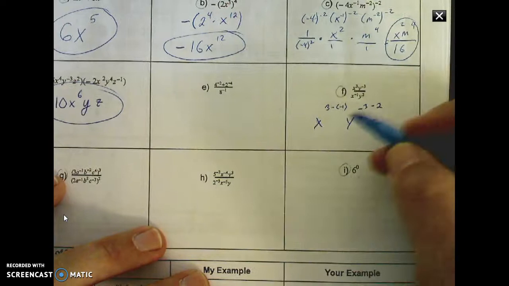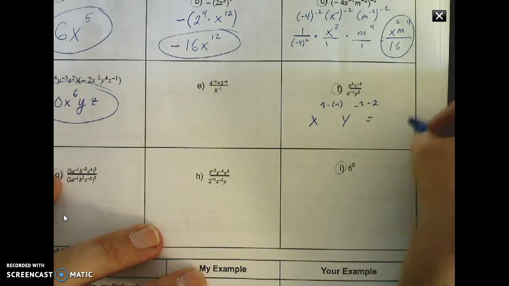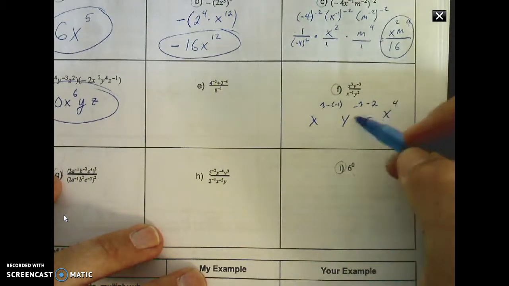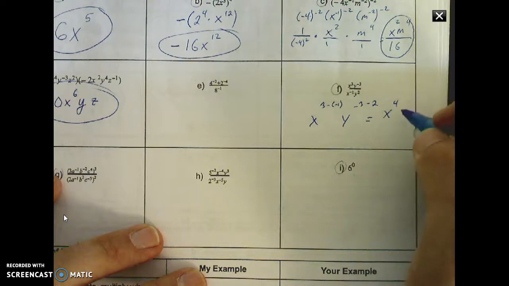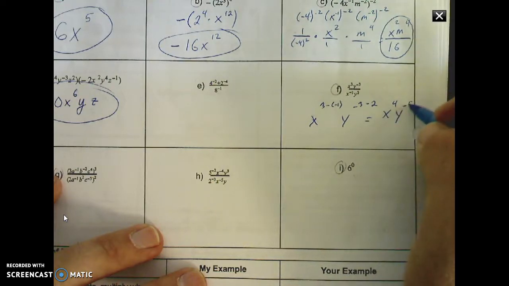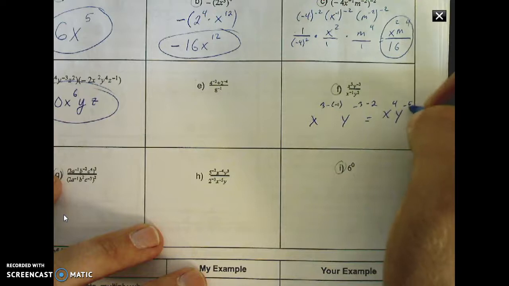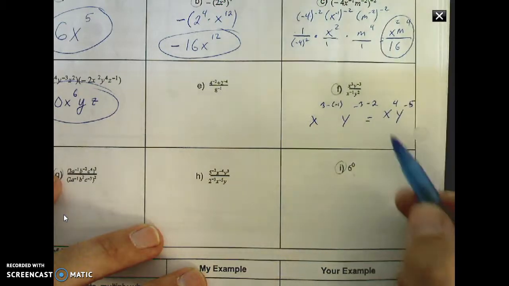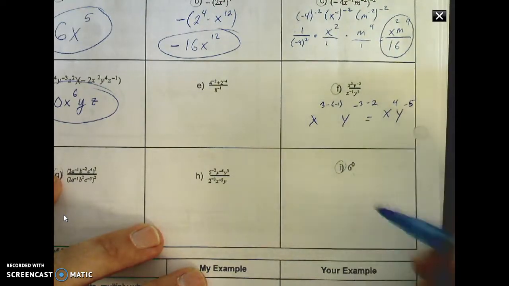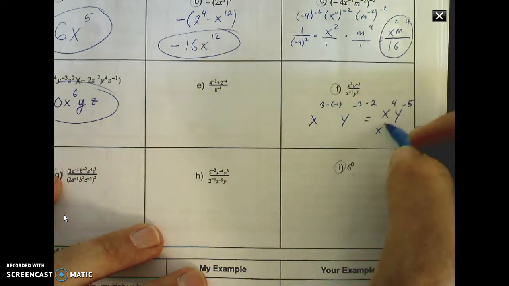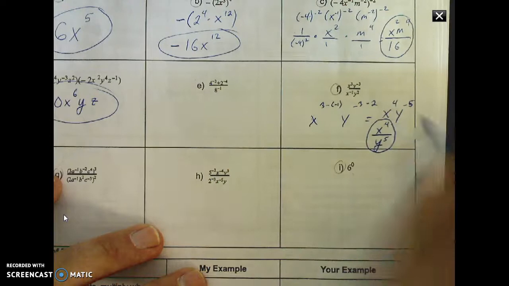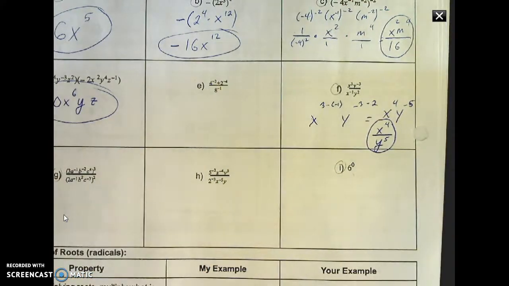Well, if I clean that up, 3 minus negative 1 becomes 4. Negative 3 minus 2 becomes negative 5. Okay, this is going to take us a little while to get used to. But if it's a negative exponent, I have to flip it. So the x to the 4th stays up top, the y to the 5th goes down low. There we go. Okay? So just keep that in mind. Alright, negative exponent we flip.